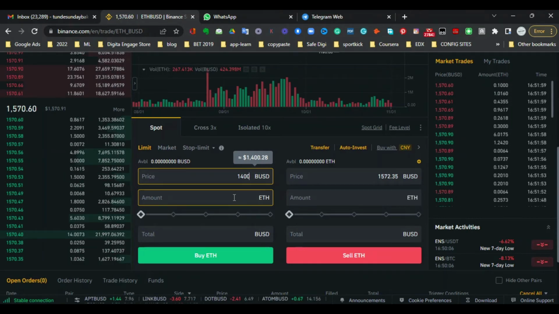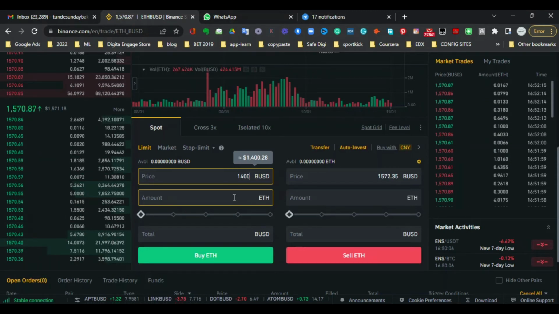By the time the price is not up to 1,400 BUSD, this order will not be triggered. It will be placed in the order book. But immediately the price of Ether to BUSD drops to 1,400 or below, that order in the order book will be triggered. So it's a limit order.